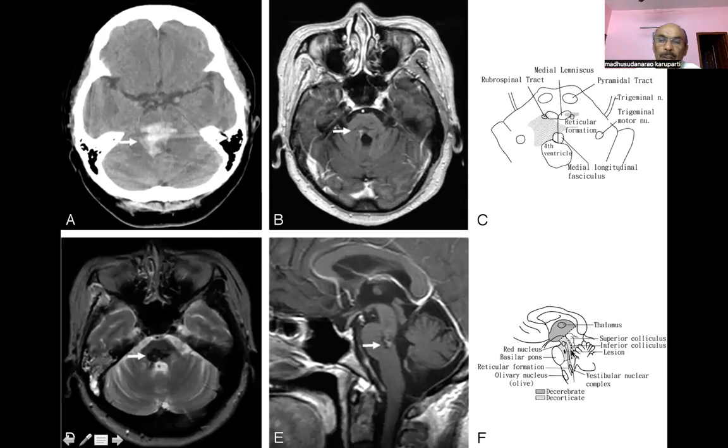In this picture, you see the red nucleus, the pons, and reticular formation, etc. Decerebrate rigidity is caused by a lesion somewhere below the red nucleus. Decorticate posturing is secondary to a lesion at the level above the red nucleus.